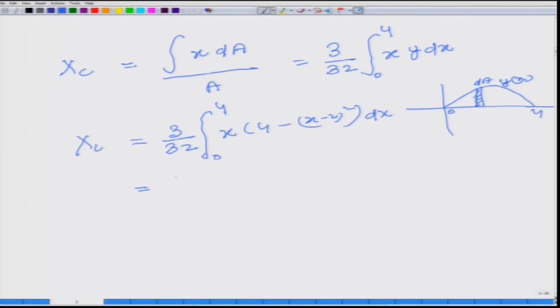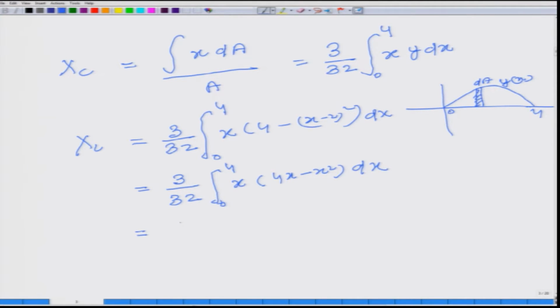So, this is nothing but 3 by 32 times the integral from 0 to 4 of x into (4x minus x square) dx, right.